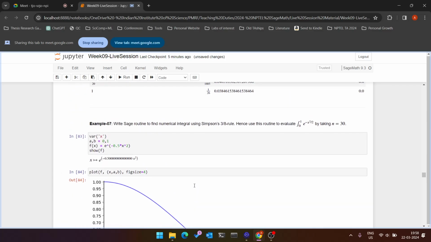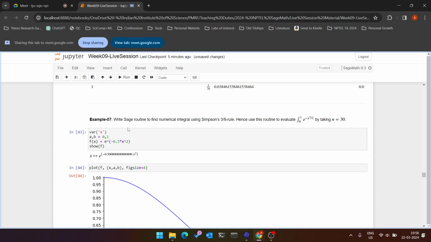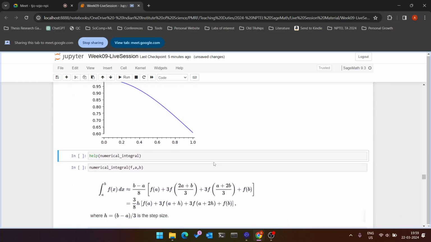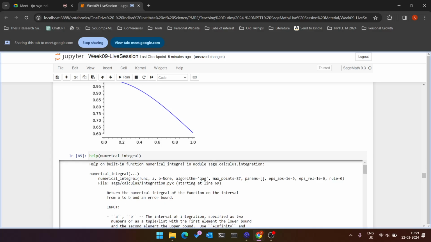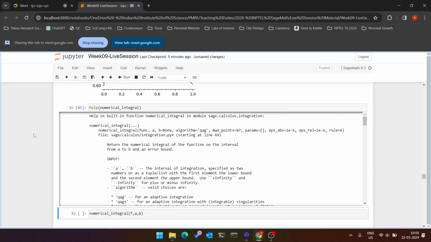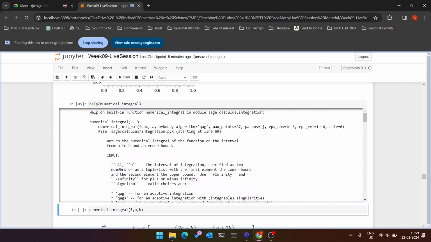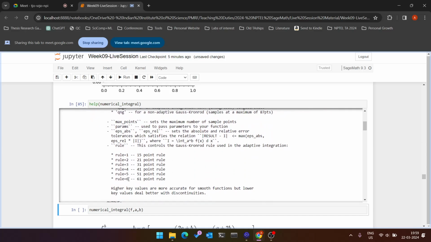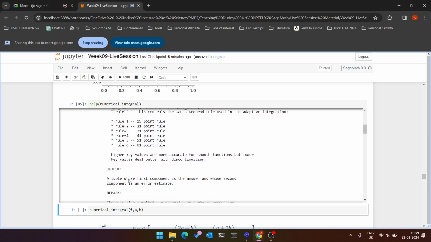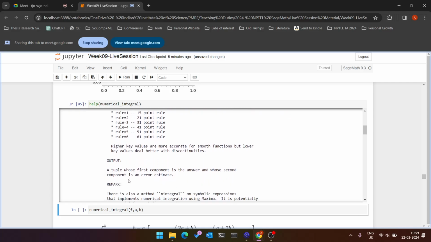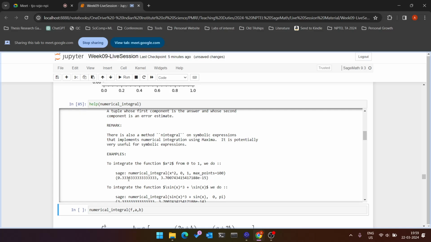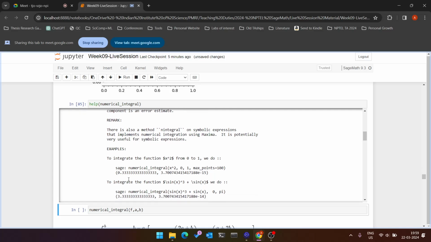I'll be writing down the Sage routine to calculate this, but to have a fair idea of the answer, I'll be using numerical integral, which is an inbuilt function in Sage, which calculates the integral of f going from a to b and has a number of different optional arguments.